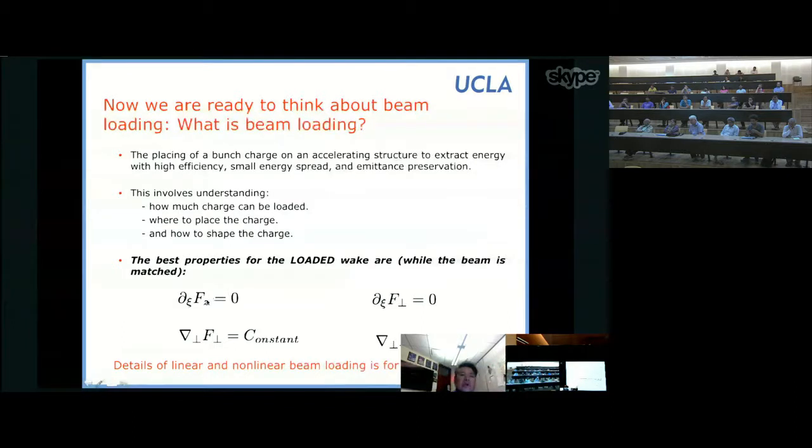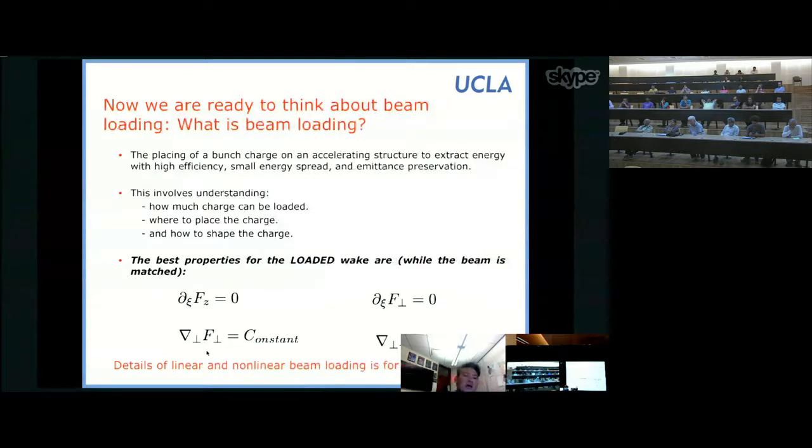So that means you'll have very little energy spread. You also want the focusing forces to be linear to limit emittance growth, and you don't want the focusing force to depend upon where you are along the beam, because that would require different matching spot sizes along the beam.